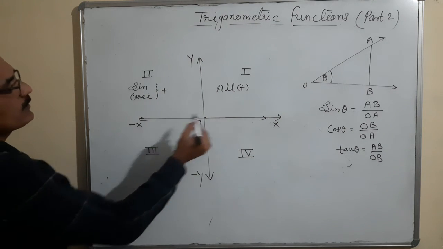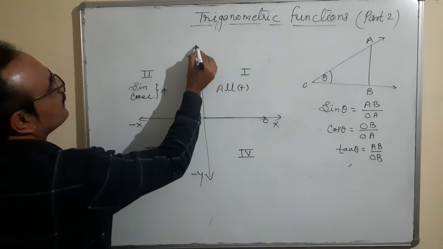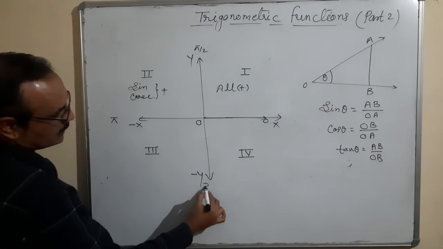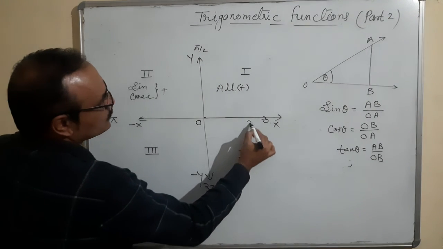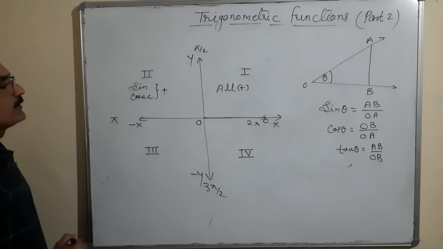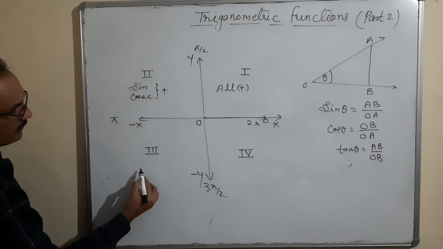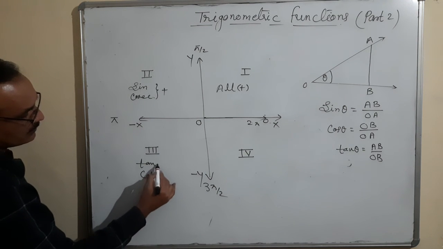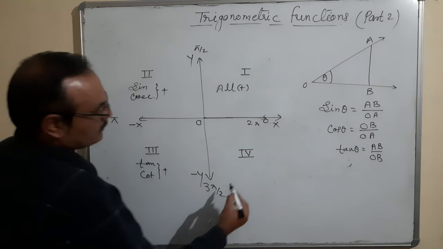Positive. This is 0, here is pi by 2, pi, 3 pi by 2, and this is 2 pi. 0 here, 2 pi. Sine and cosec positive. Tan and cot positive.